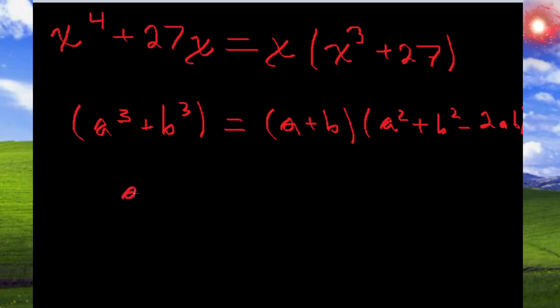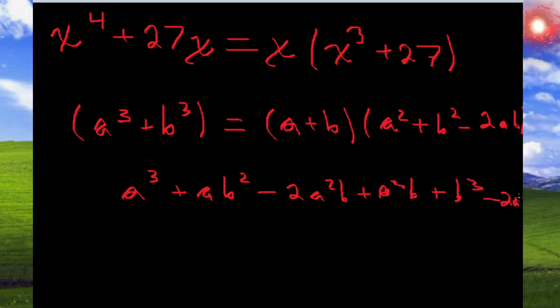Let's work this out. A cubed plus ab squared minus 2a squared b plus a squared b plus b cubed minus 2ab squared. Is that actually right? I don't think that's right.